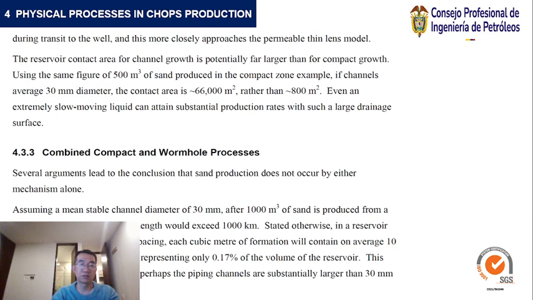This scenario seems improbable, but perhaps the piping channels are larger than 30 in diameter.